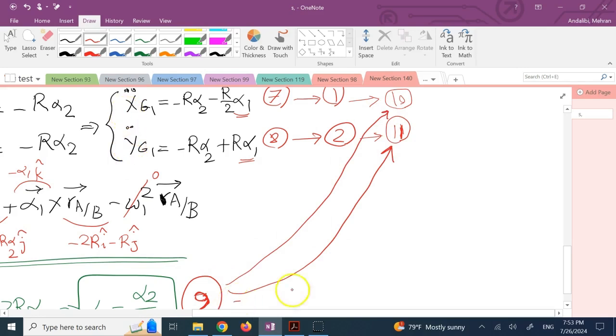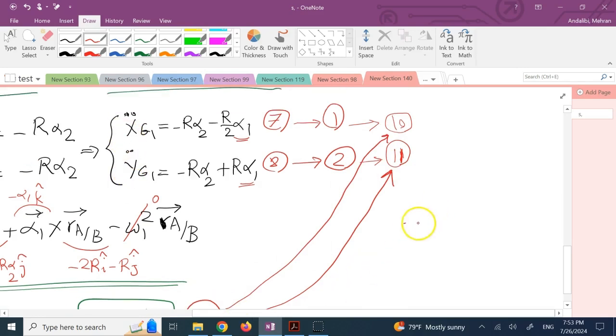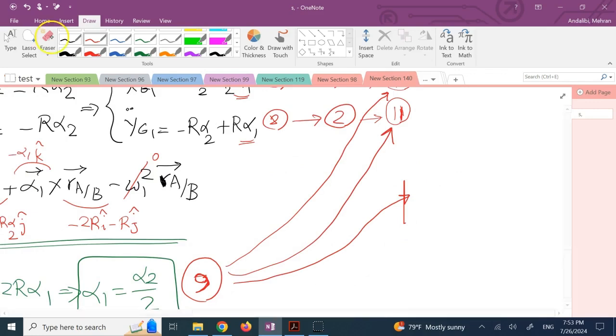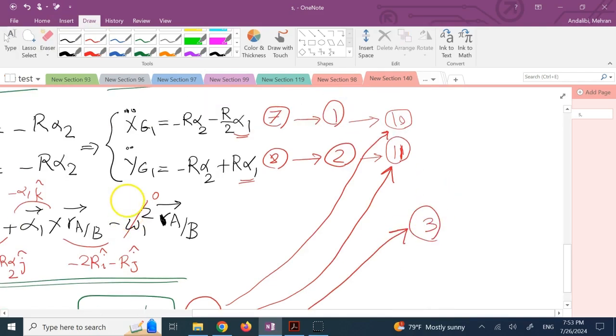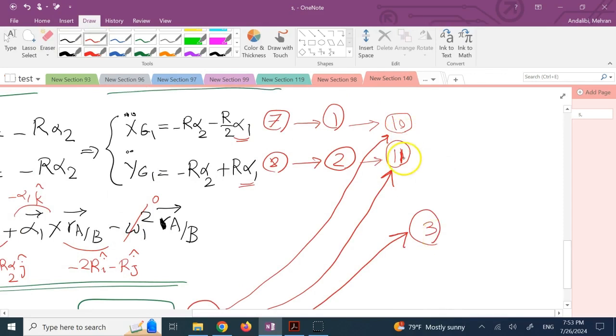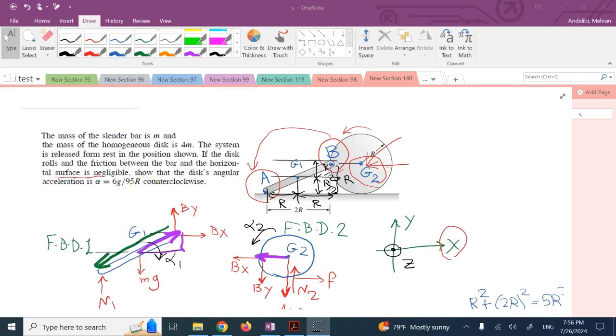And also, it is going to go into the equation number 3. So now your equations are going to be 3, 10, 11, 4, 5, and 6. And all equations are linear, so if you write it in terms of a matrix and solve for all 6 unknowns, one of your unknowns is alpha 2, which is the same alpha here.